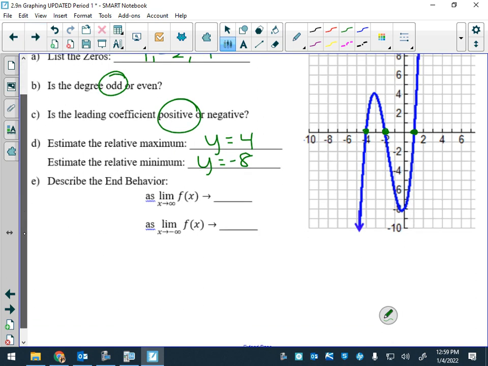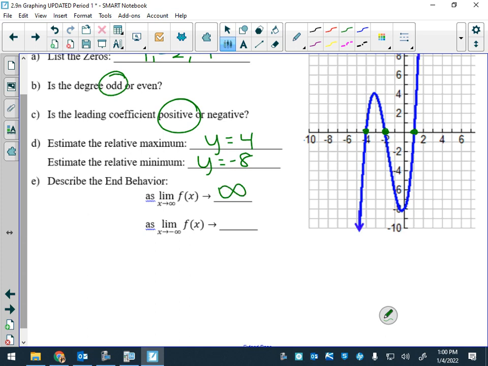So what we left off at before break was our end behavior. Be careful of the notation. You always want to look below. As x approaches positive infinity, so this is different. As x gets larger, where's my arrow heading? Upward to positive infinity.